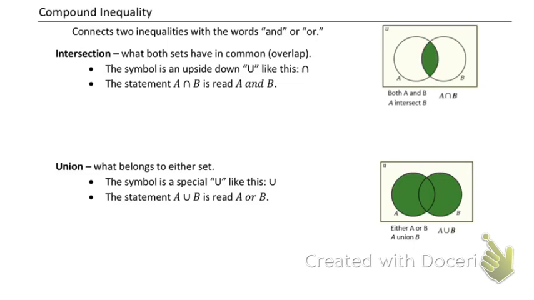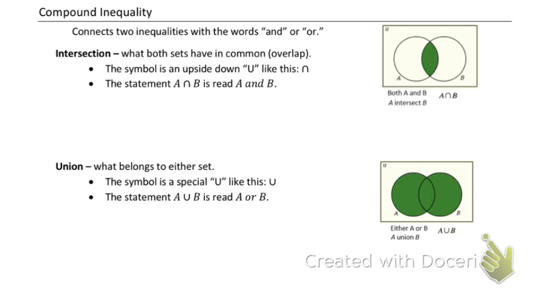The same thing applies with sets. Intersection is just what both sets have in common. What is their overlap? All right, the symbol for this is an upside down U, kind of like a lowercase n.